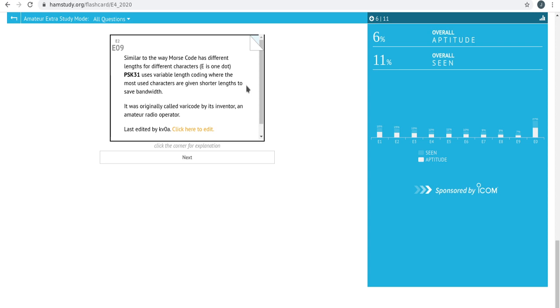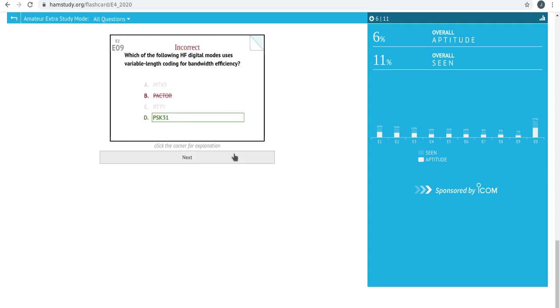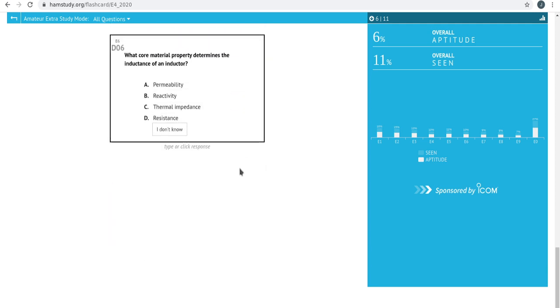Okay. Yeah, PSK31 uses variable length coding where the most used characters are given shorter lengths to save bandwidth. Shorter characters are given less bandwidth.